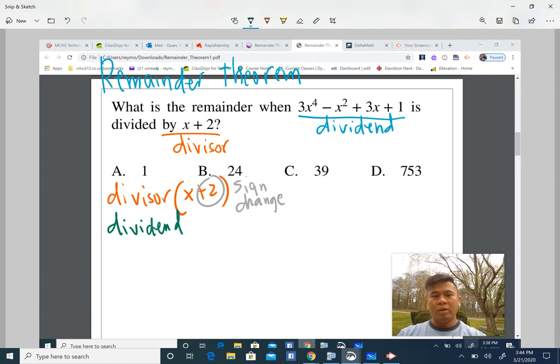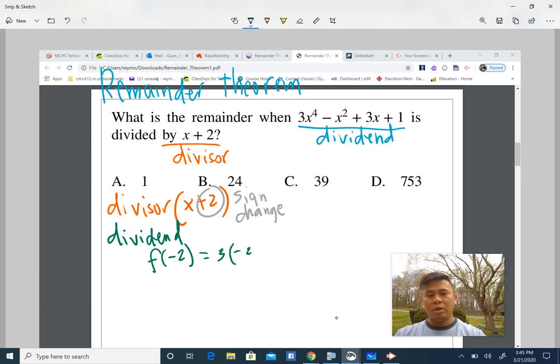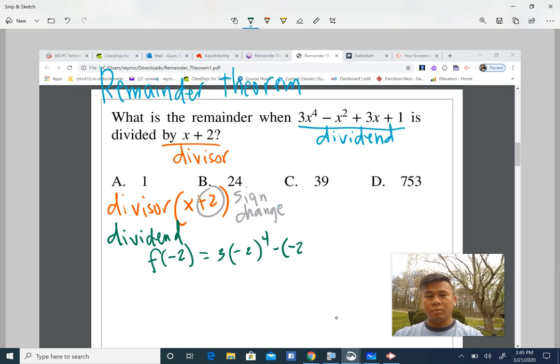Our dividend is our polynomial at negative 2, and that will be 3 times negative 2 to the fourth minus negative 2 squared plus 3 times negative 2 plus 1.